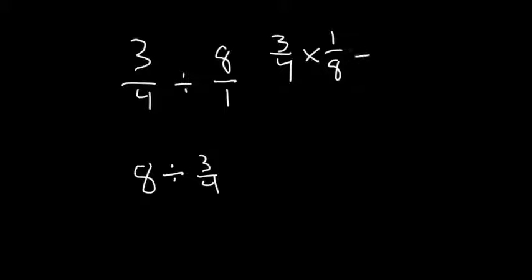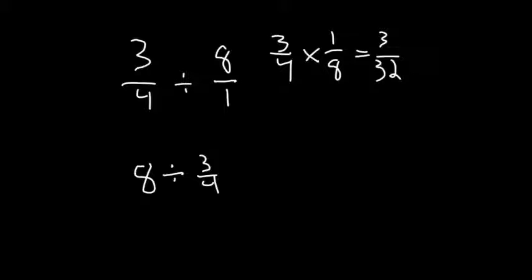So now we have 3 times 1 is 3, 4 times 8 is 32. So when you take a fraction and divide it by a whole number, we got smaller. We got 3 over 32.